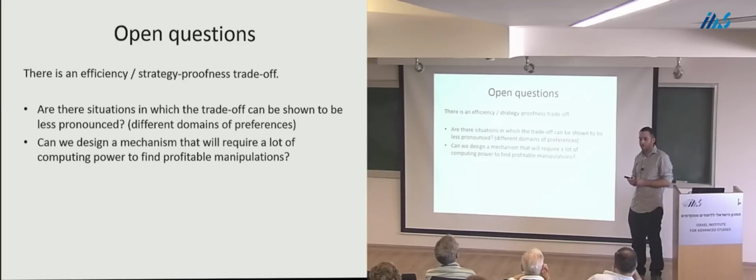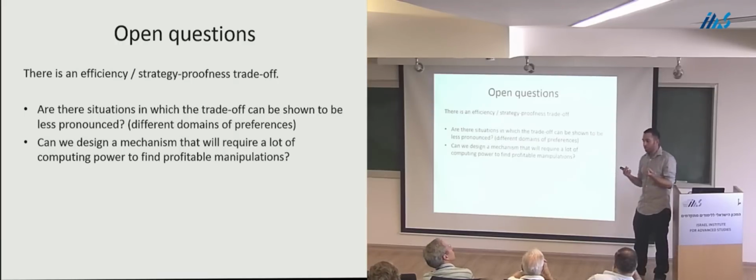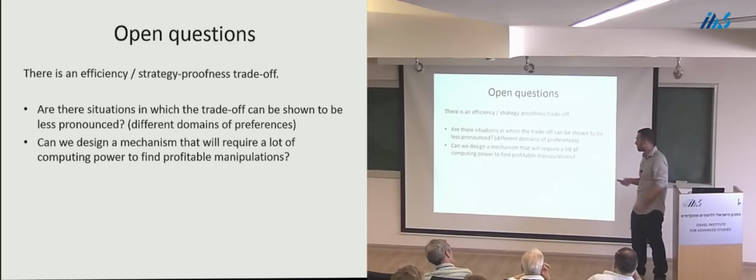For example, instead of being able to report all possible preferences, you are not allowed to report Nahariya as your first place, just because nobody ever reported Nahariya in the first place, so you are not going to be able to do that next year. That might reduce the possibilities for manipulation. So are there some structures of preferences that would allow you to be more efficient? This is one question that I think is interesting.